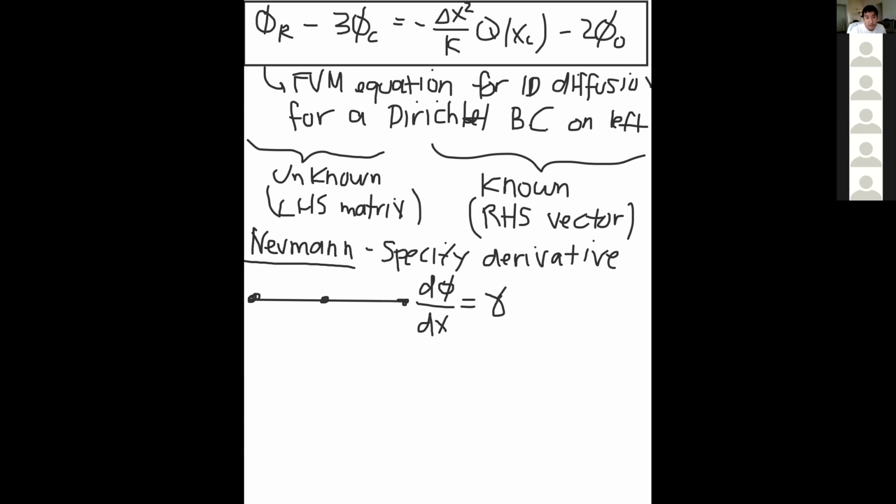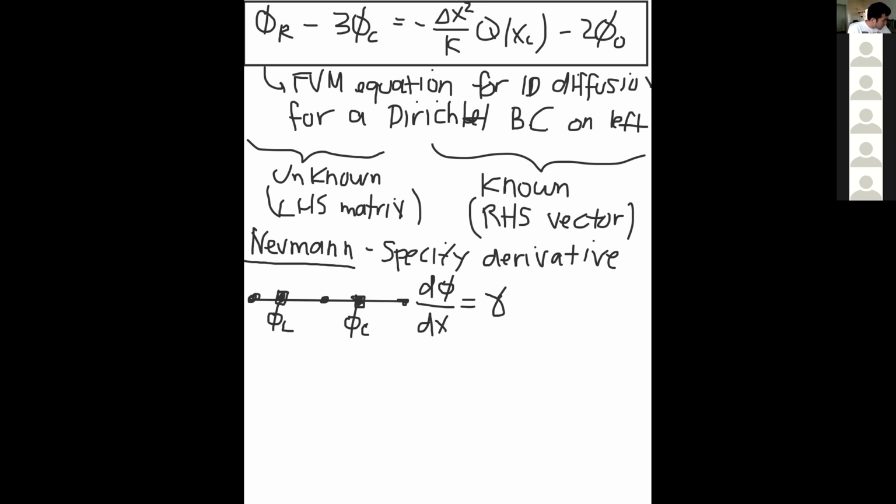So we say that d phi dx at that right boundary is going to be equal to gamma. Let me label our cells. Here we have our cell of interest, so this will be phi c. And right here, this will be our left neighbor, so this will be phi l. Let me draw this a little bit better. C. It's really hard to do curve stuff on the iPad.